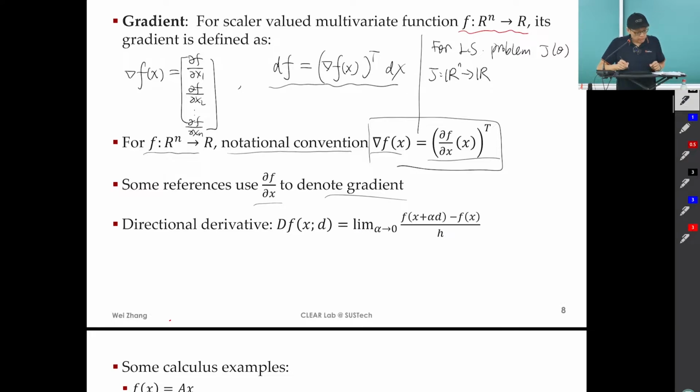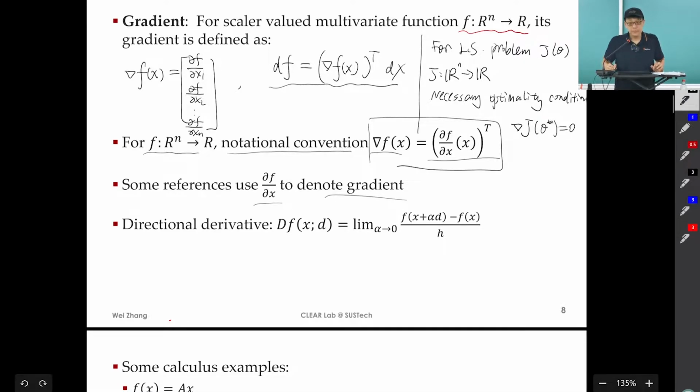So our necessary optimality condition, which is not sufficient, is that the gradient of J evaluated at theta star equals 0.